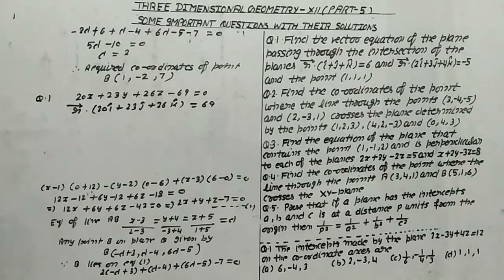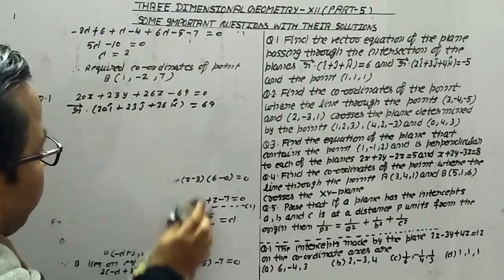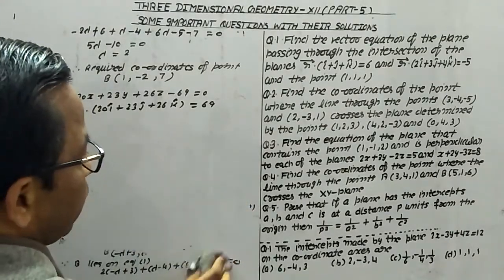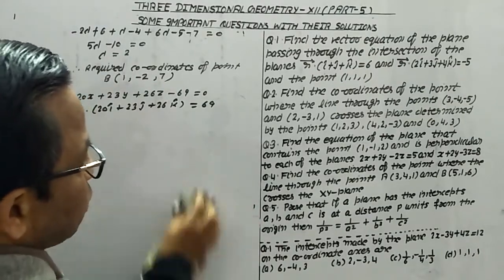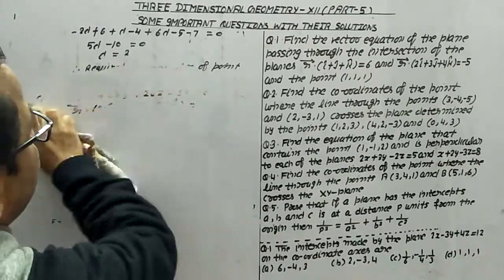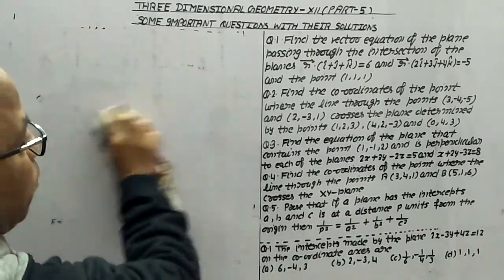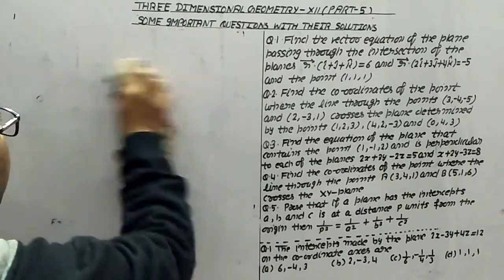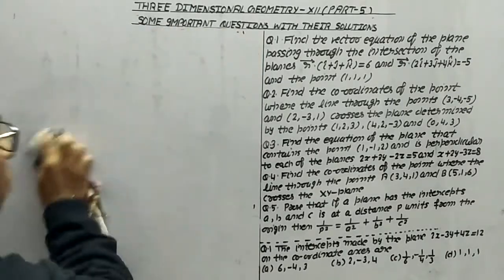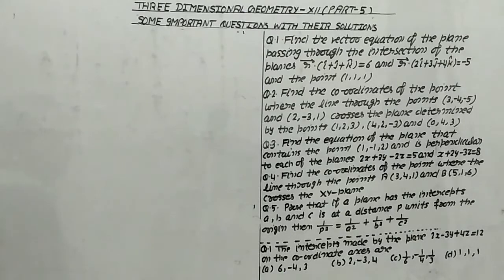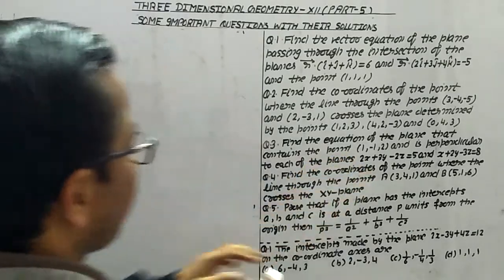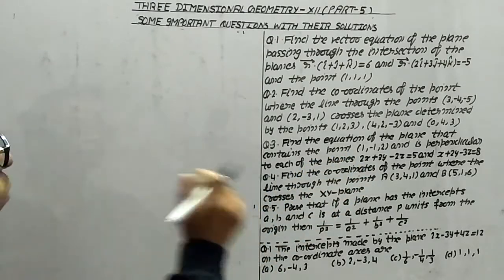Now in question number 3 they are saying find the equation of the plane that contains the point and is perpendicular to each of these planes. First of all, according to the question, the plane contains the point (1, -1, 2).